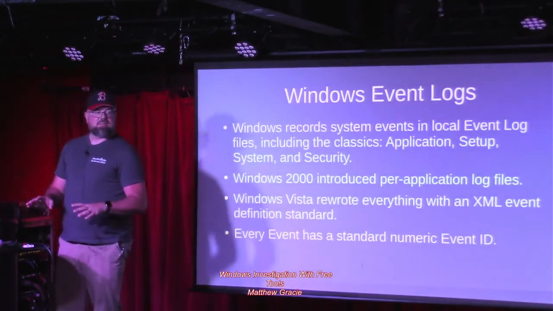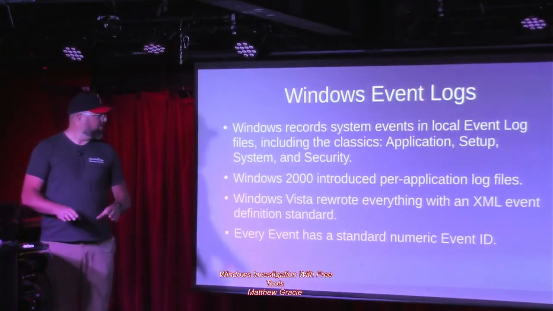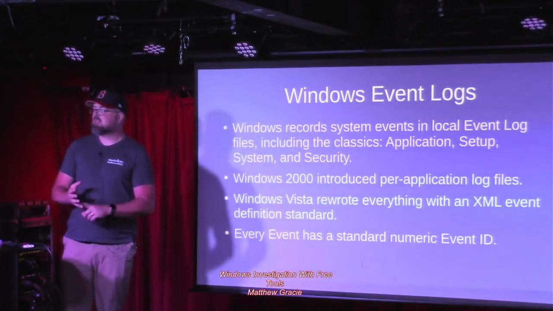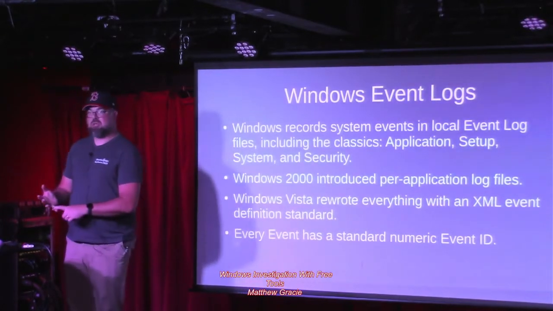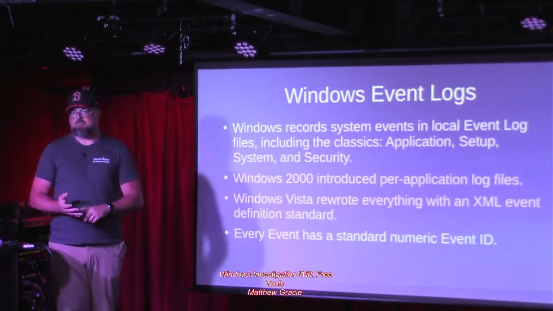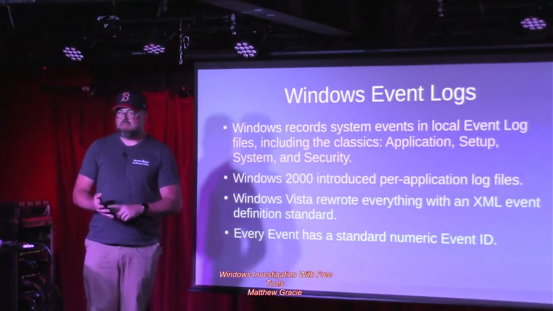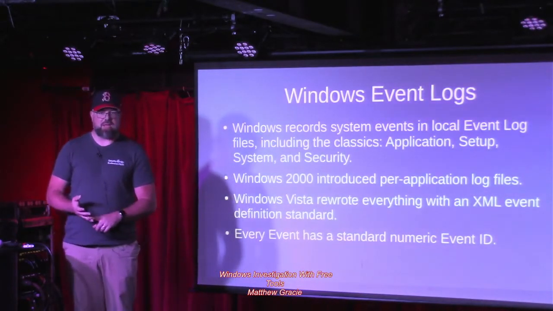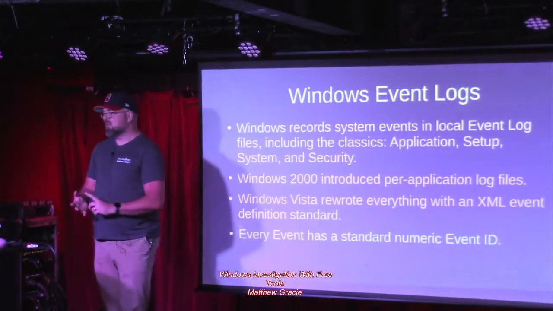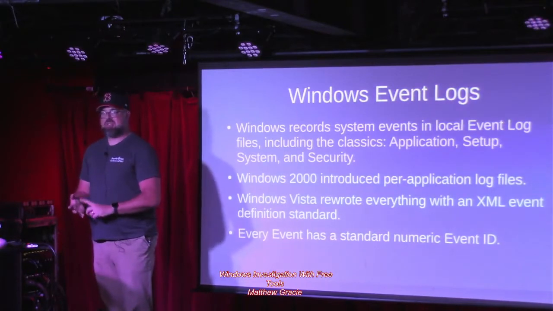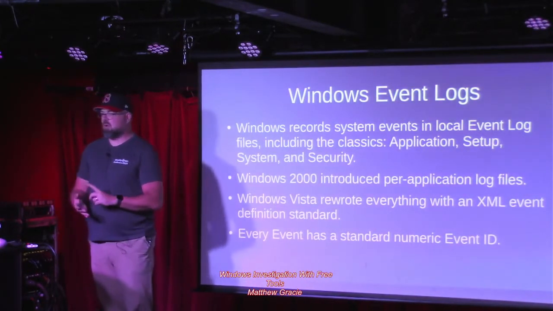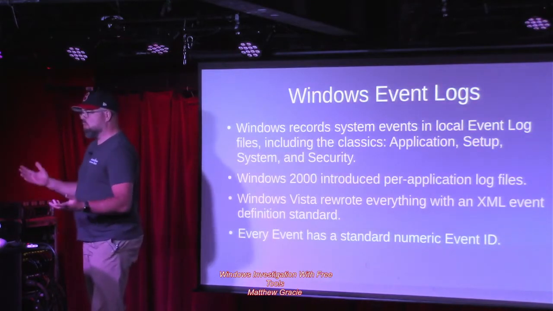And one of the things that's really important and I think underappreciated is that every event in a Windows log is assigned an event ID, that is a 4-digit code, and that event ID is consistent across platforms, right? If you have a successful login on a local account on a 2008 box, it's going to look the same as a successful login on a domain controller or a 2012 or a Windows 8.1 or whatever.